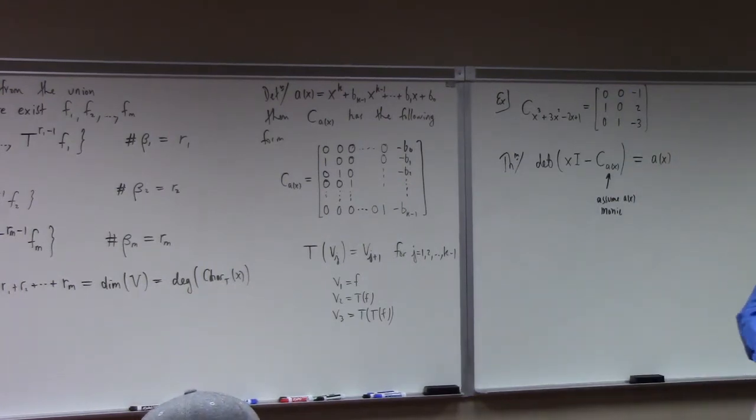So the characteristic polynomial of a companion matrix is the polynomial for which it's the companion of. All right.